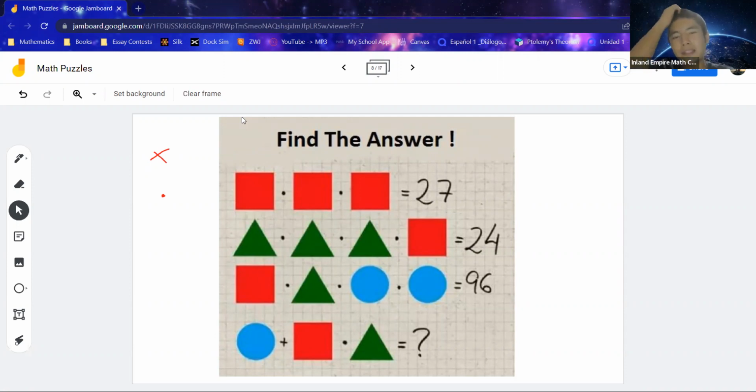Start by experimenting with small numbers. Would it be correct if the square is 2? Lloyd, would 2 work as an answer for the square? No. Why not? Why doesn't 2 work?